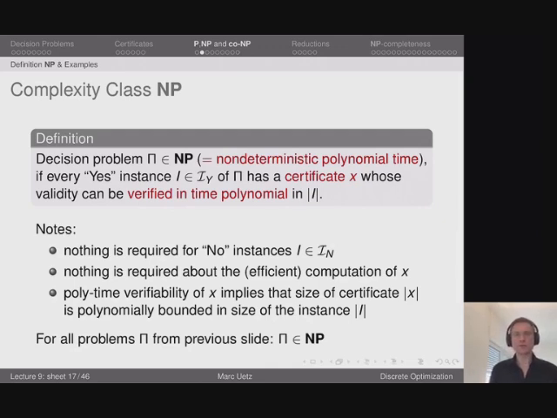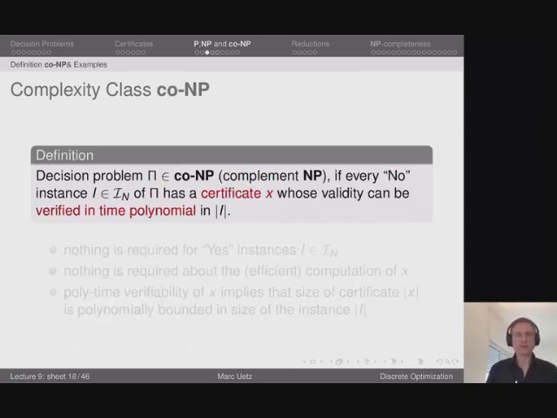All right, so that was the definition of the most important complexity class in this lecture, non-deterministic polynomial time. I will say a few words about the name in a minute. But first, let us define the other side of the world. That's the complexity class co-NP. It is exactly the same definition, only that now we require that every no instance has a certificate whose validity can be verified in time polynomial in the input size of the instance.